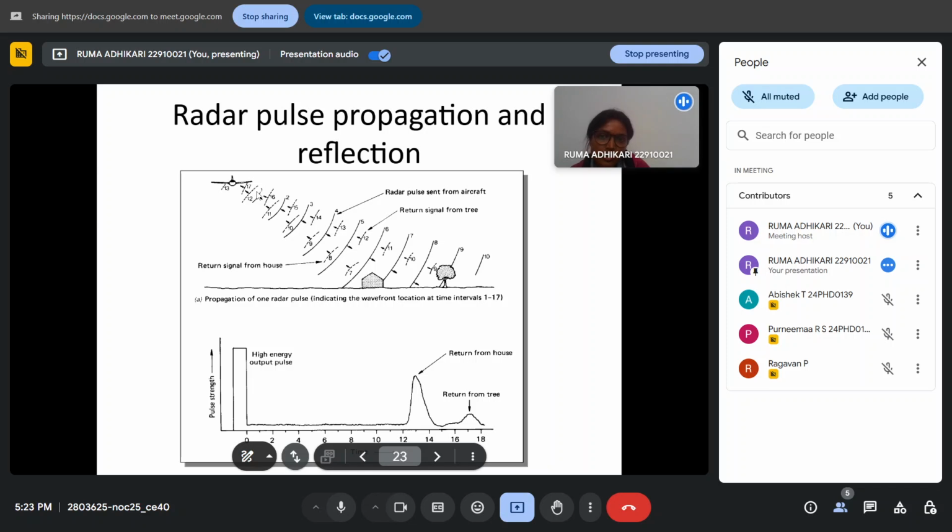If you number the waves or signals 1, 2, 3, 4 and so on, it is hitting and getting back the signal this way, like number 9 is here, so 9 it is getting back like that, because we'll see how it moves.